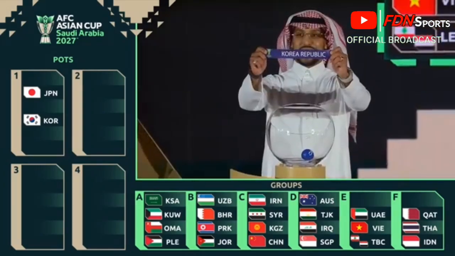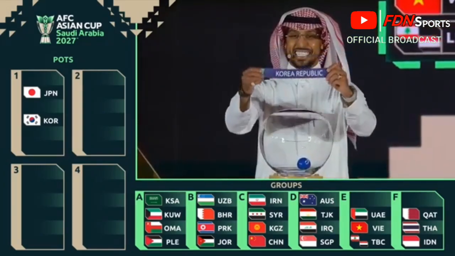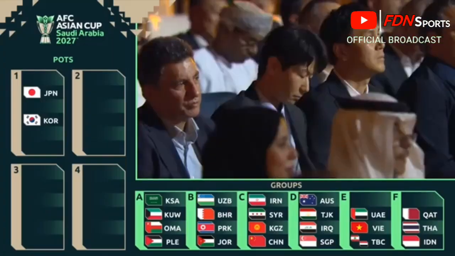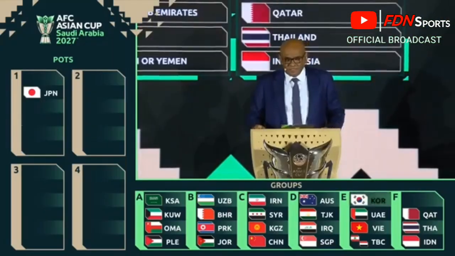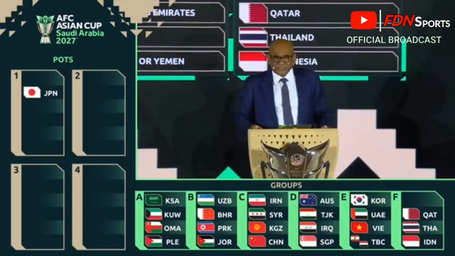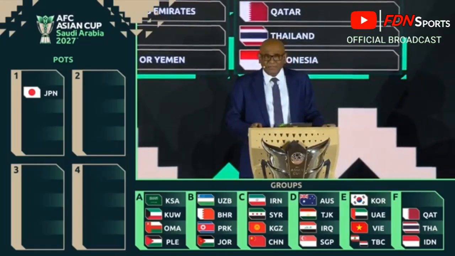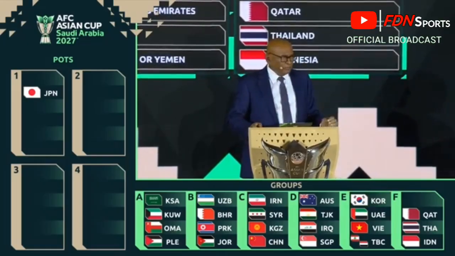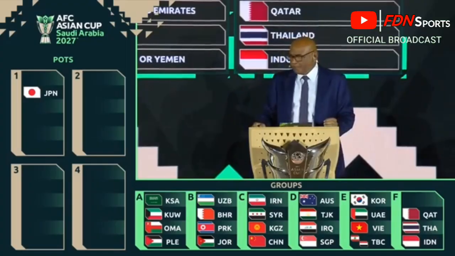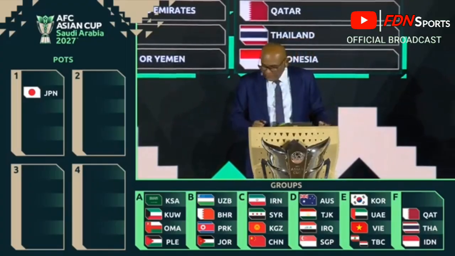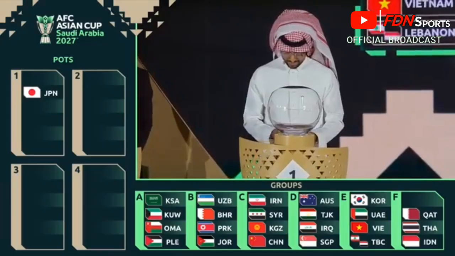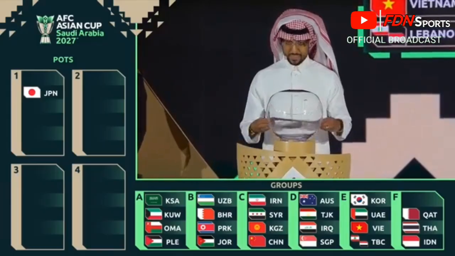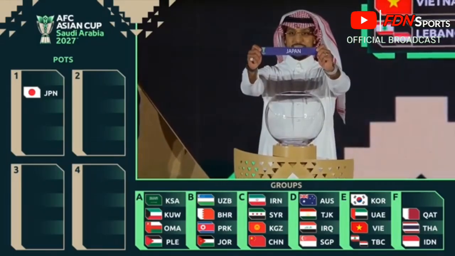Korea. Korea Republic. Okay, inaugural champions in 1956 and also won the second edition in 1960, and they have 11 top 4 finishes, the most from any team. Of course, the last one, let's confirm. Japan.